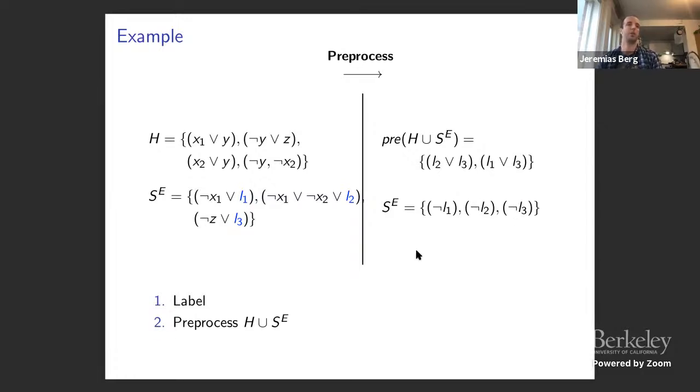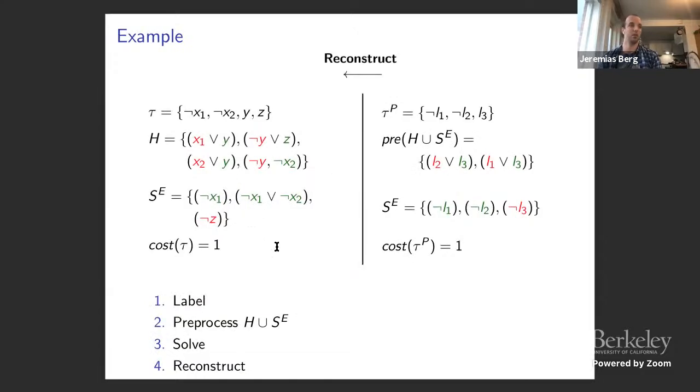Now, when we solve this MaxSAT instance, we get an assignment like this that sets L1 and L2 to false and L3 to true. And if we now run the standard SAT reconstruction algorithm on this model and then ignore the label variables, we see that we get back exactly the optimal solution that we had in the first step.